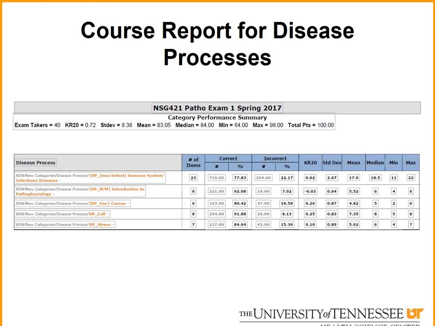So when I get through, I'll run the course report with these same categories, and it will tell me across my course how many times I taught these individual disease processes and how well the students scored. That lets me know, when I'm asked how do you know the students obtained the necessary learning outcomes that you wanted them to achieve, I can look and see that, if I say a minimum score of percent correct is 75%, I was able to meet all those.